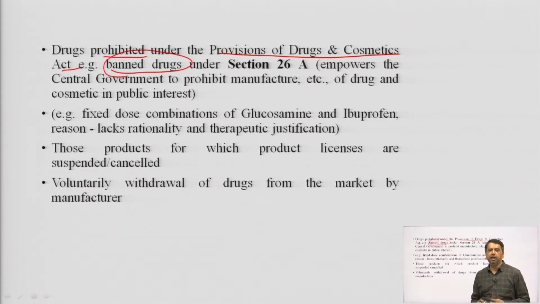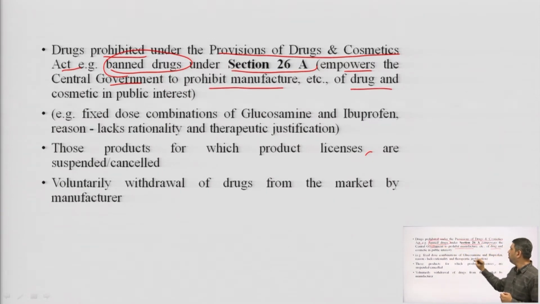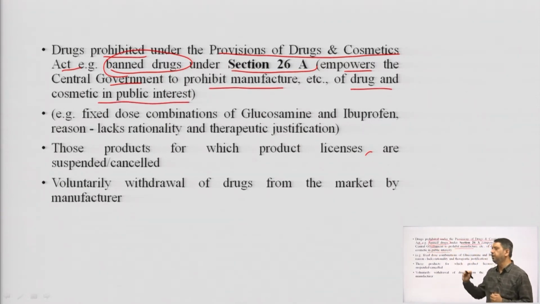So, suppose any manufacturer is producing a drug and that drug is included in the banned drug list, that is under Section 26A. Section 26A empowers the central government of India to prohibit manufacture etc. of any drug and cosmetic in public interest.